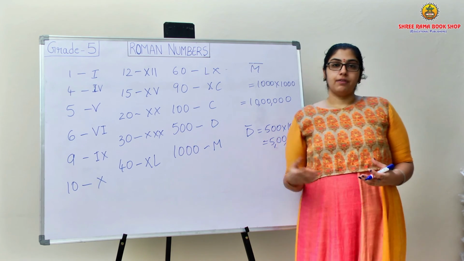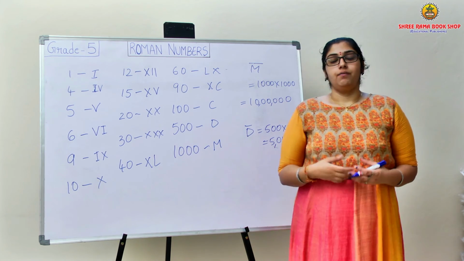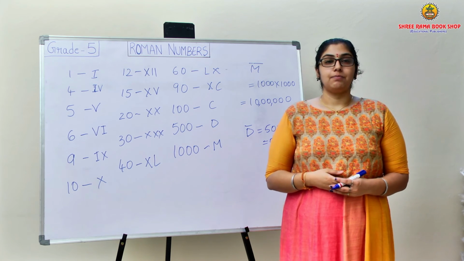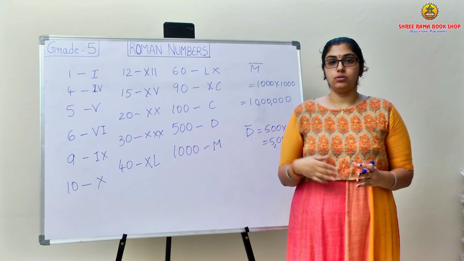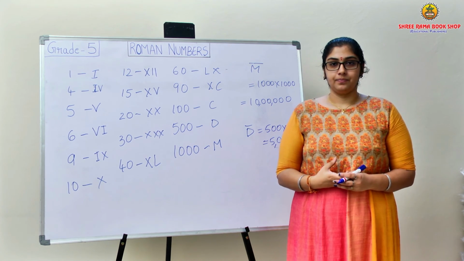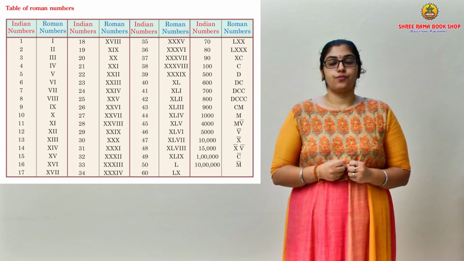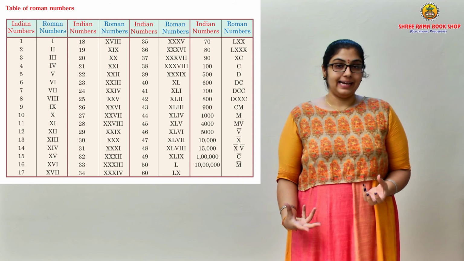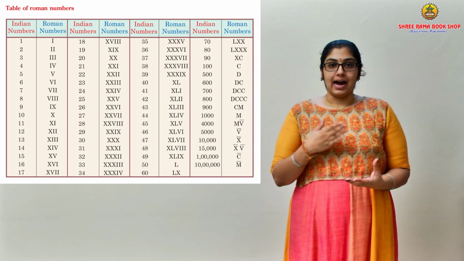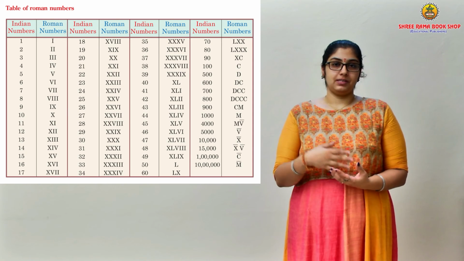Now we'll see a PDF, the chart over here, where you can understand the different types of numbers up to 1 lakh. Now this chart represents all the values from 1 to 10 lakhs, right? On the chart you can see I is representing 1 and V is representing 5.